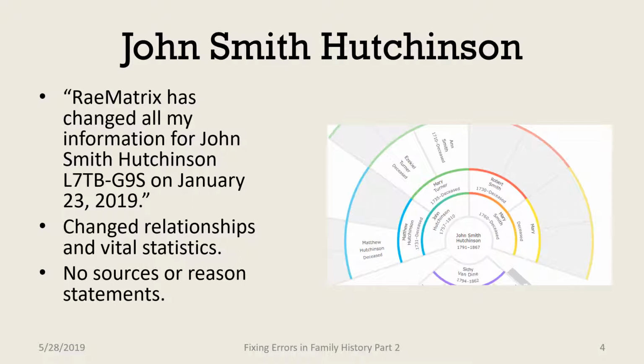He or she added 2 more sons that belonged to a different family and changed the vital statistics to fit other records, leaving no sources or reason statements to explain the change. And remember that Ray Matrix left a message to me and apologized for what she had done.